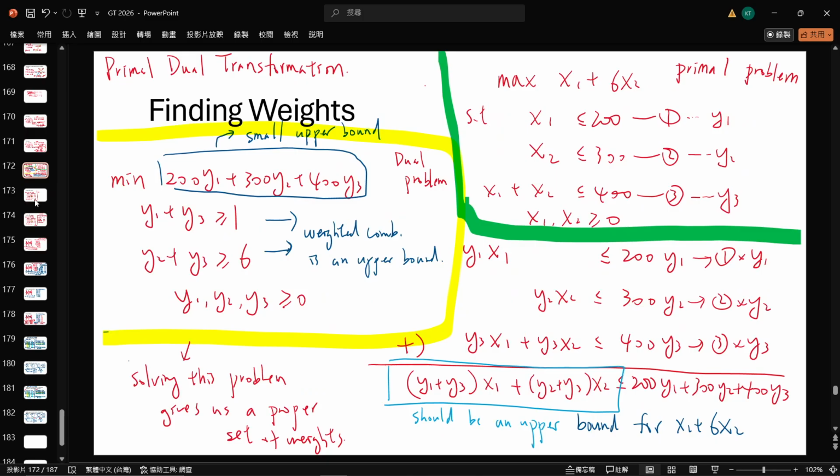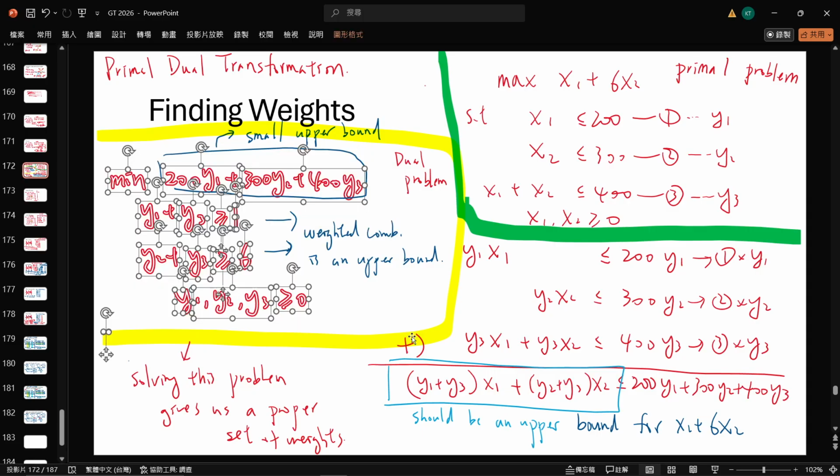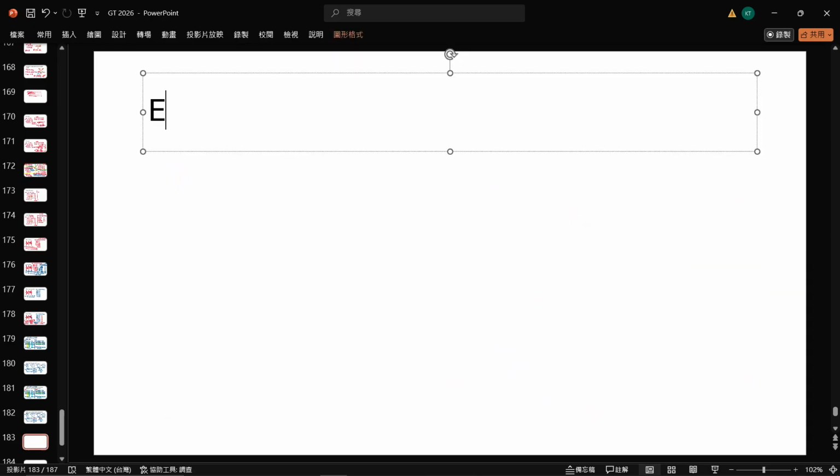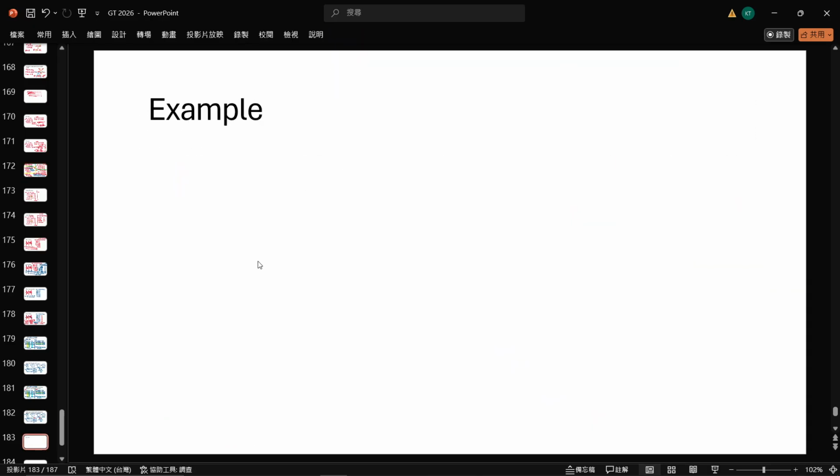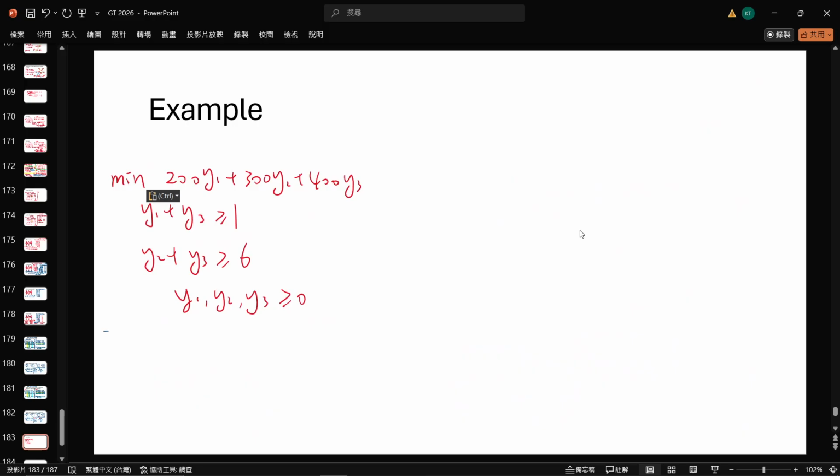So let's treat this minimization problem as the primal problem, okay? So this is your primal problem.